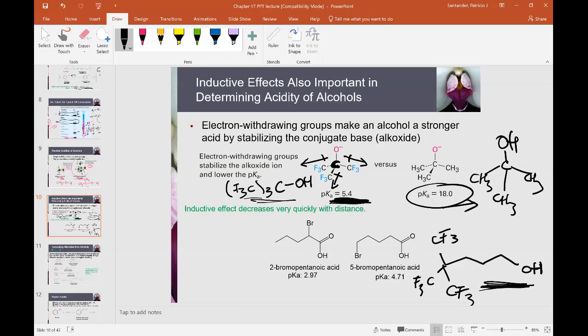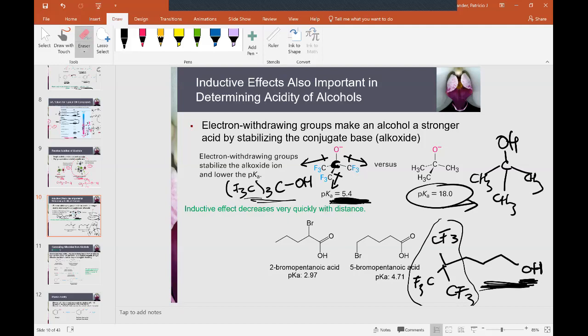So it will be around 16. There will not be much of an effect felt by the OH due to the presence of the CF3 groups, because those are too far away.